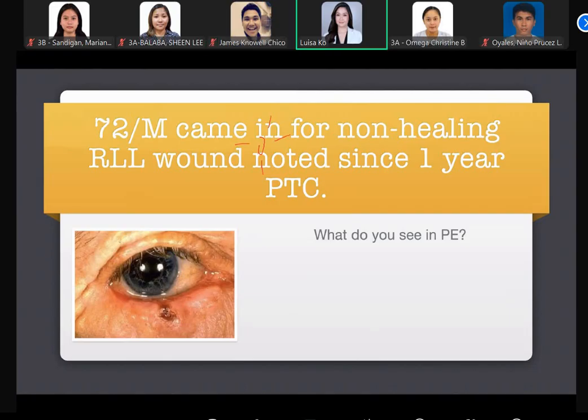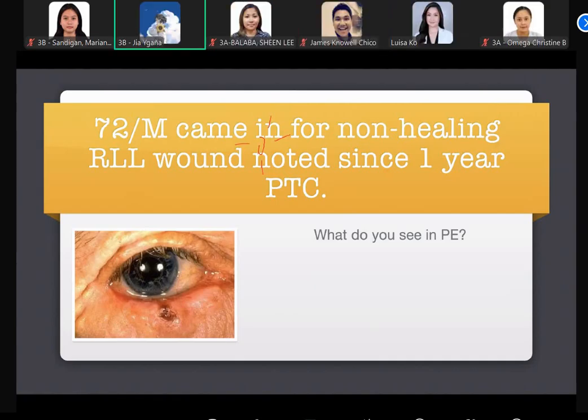Okay, there's an ulceration. Pigmented, Doc. Pigmented ulceration. Okay, we'll organize our thoughts now. There's an ulceration. It's pigmented. Anything else? With central crusting, Doc. Okay, there's also crusting. The eyelashes are matted, Doc.